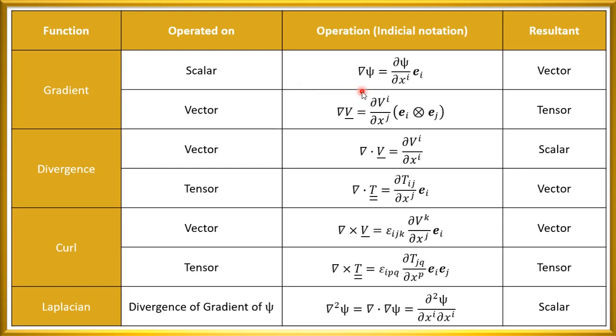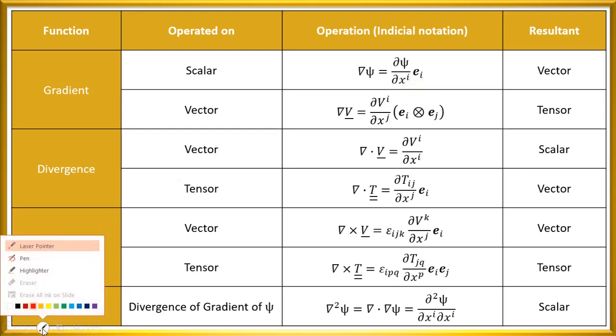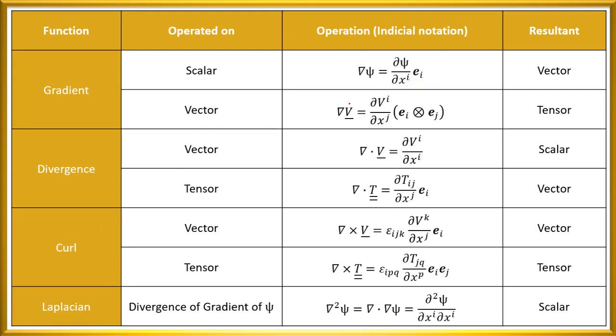This is expressed in Einstein notation as: when the gradient operator del acts upon a scalar psi, the action is dou by dou xi acting upon psi, and we will get a vector, such that dou by dou xi of psi is equal to psi,i.